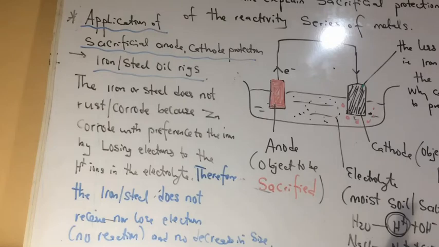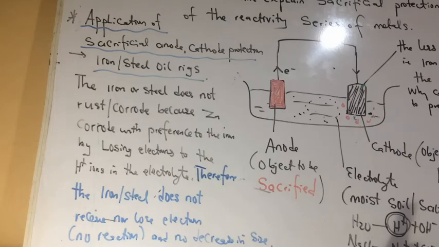As you can see, one of the applications of sacrificial anode cathode protection is in protecting oil rigs made of iron and or steel. The iron or steel does not rust or corrode, because zinc corrodes with preference to the iron.